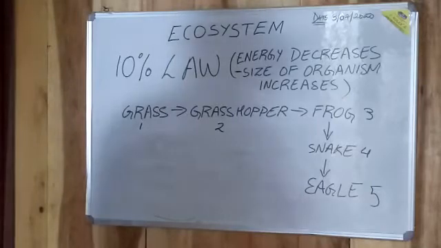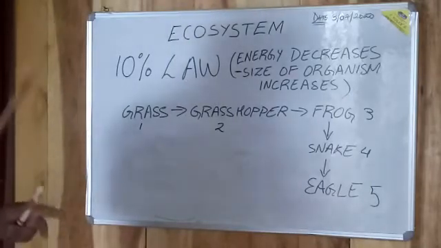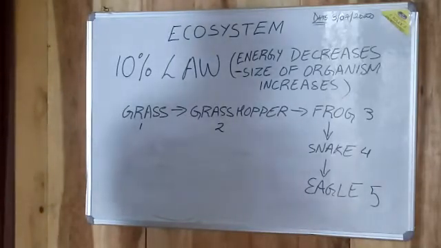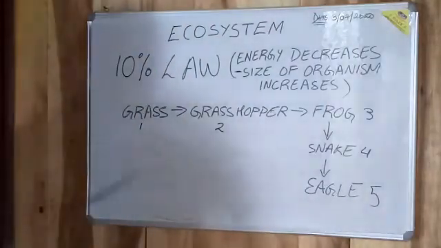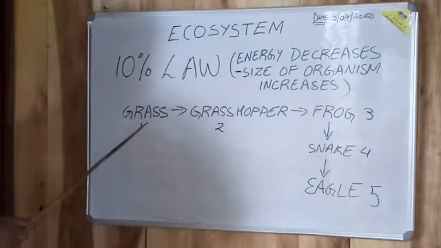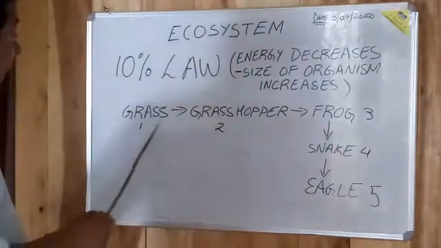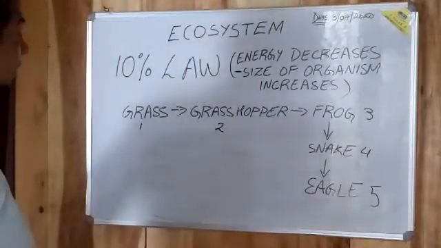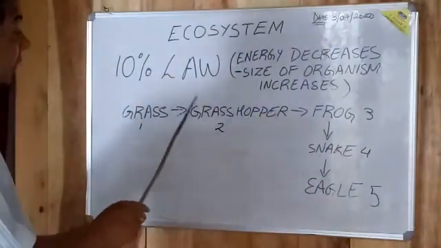Obviously, it is obtained from the sunlight. The light is the main source of all the energy. Now that energy is converted into glucose with the help of the grass, and that glucose is taken over by the different trophic level organisms as we progress in the food chain.